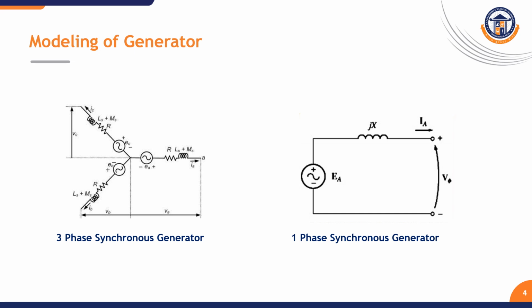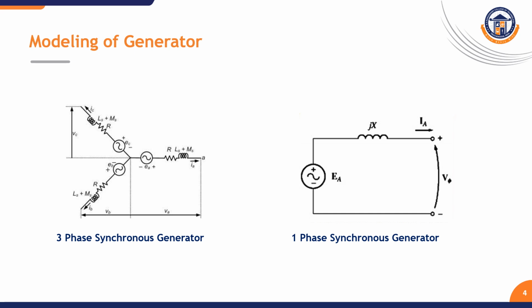Each winding has inductive reactance and resistance, represented as jX and R. Simply, we call them synchronous resistance and reactance, and they may be star connected or delta connected. In the per unit concept, I explained that it is converted into a single line diagram. So the three-phase synchronous generator is represented by the single-phase equivalent circuit shown in the second diagram.